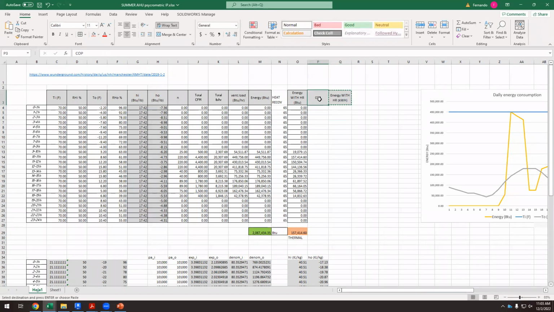I'm going to paste it here, and then the COP. So first, if I'm dealing with fuel, I can work with BTUs. But if I'm dealing with electricity, I have to convert BTUs into kilowatt hours.